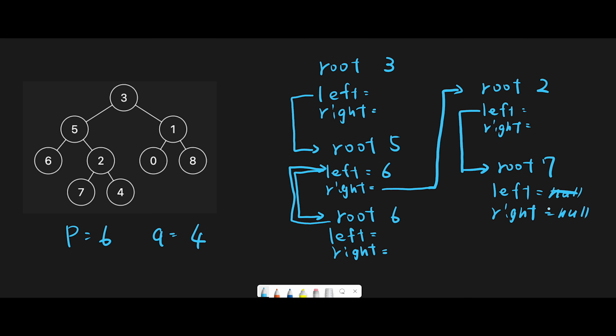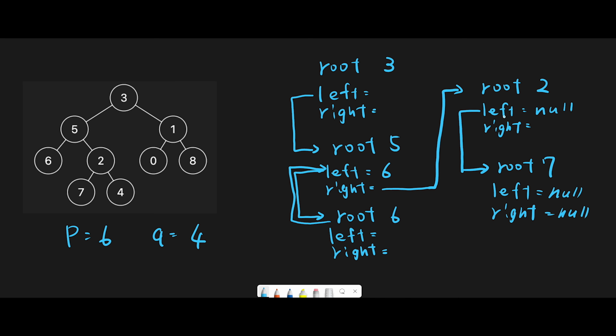But now both are null, right? So we can go back to root 2 with null. And then we are coming from the left of root 2. So that's why the left side of root 2 is null.